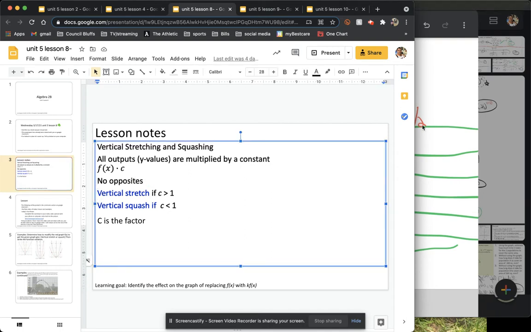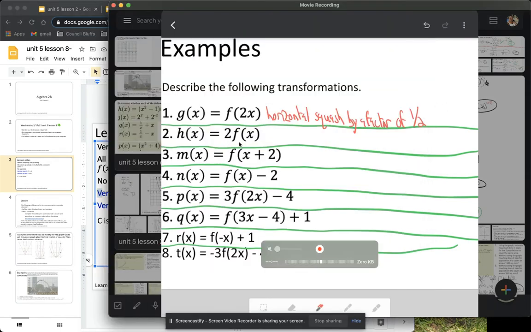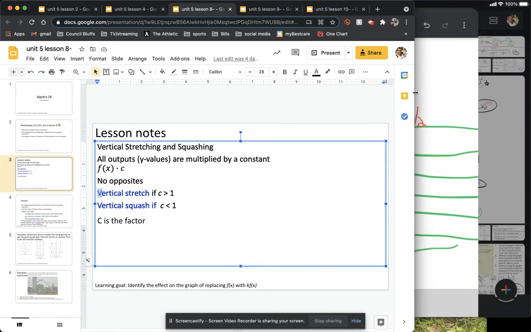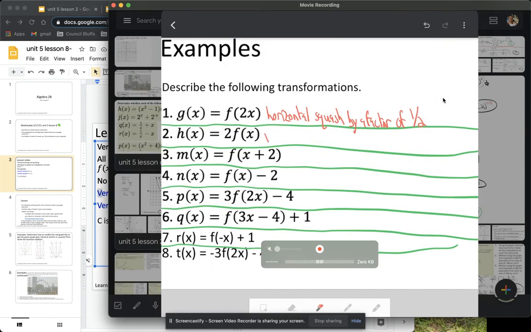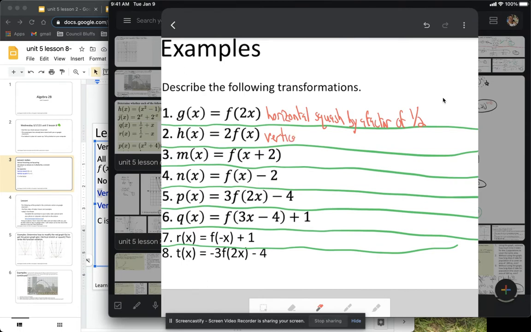Because 2 is greater than 1, this is going to be a vertical stretch by a factor of 2, since we don't need to do the opposite.